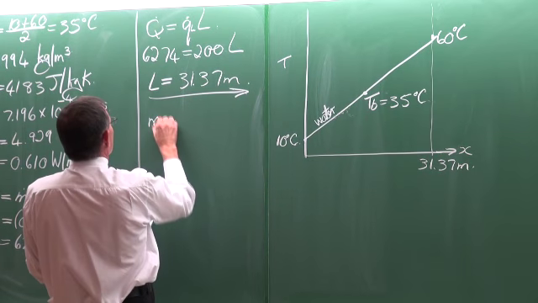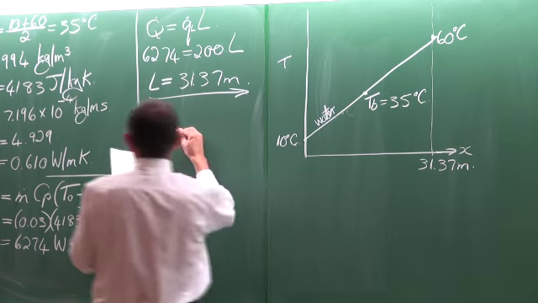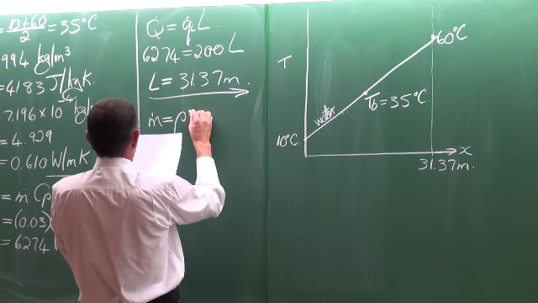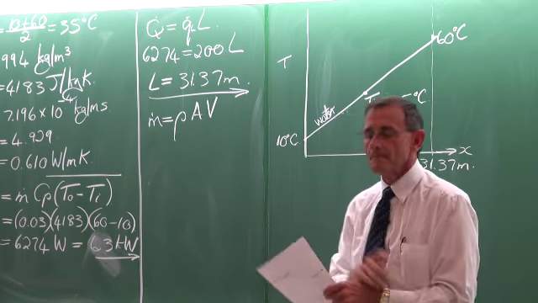Okay. Now, for the Reynolds number, we need the velocity. We can get it from the mass flow rate, which is equal to rho multiplied by the area multiplied by the velocity.